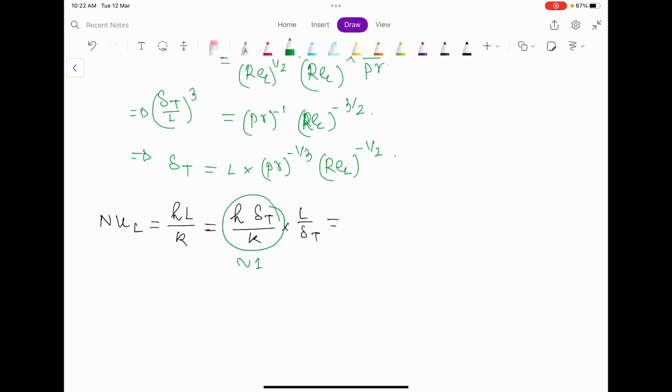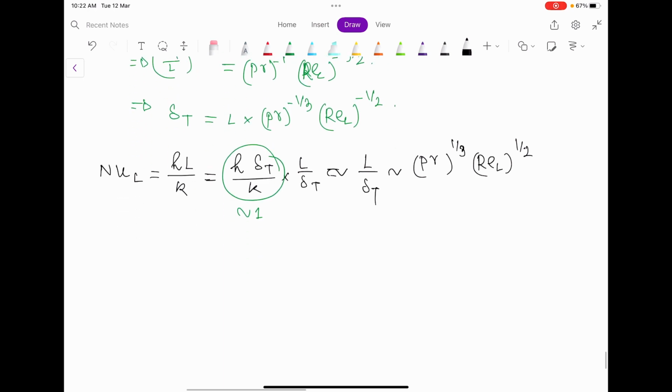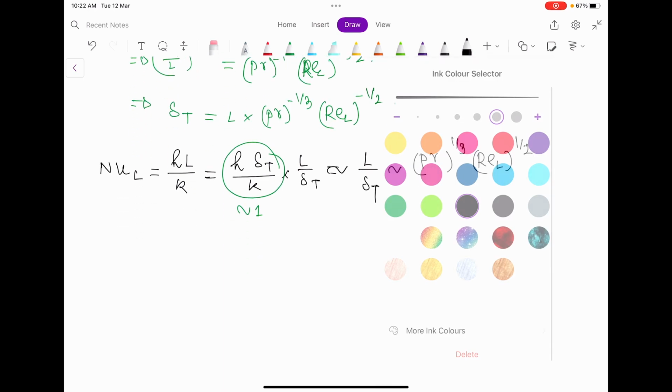So that means it becomes of the order of L by delta T, and that becomes Pr to the power 1 by 3, Re_L to the power half. So this becomes the order of the Nusselt number.